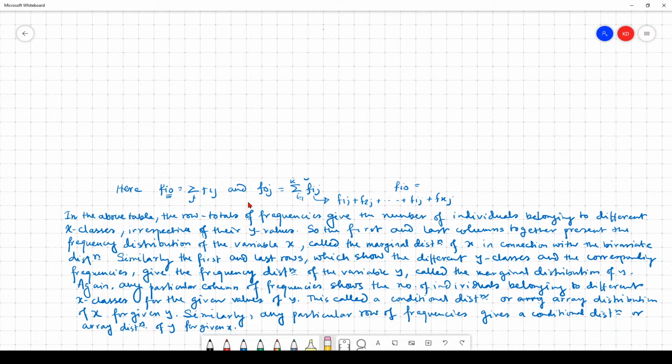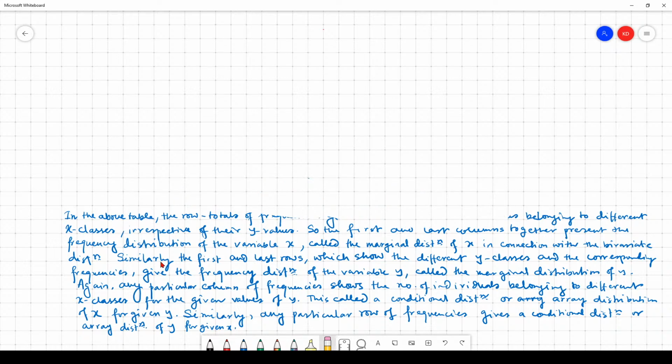Okay. Marginal distribution means, actually, these are from the bivariate distribution. Marginal means eliminating the effect of a variable. If you are interested in the marginal distribution of x, then you need to eliminate the effect of y.